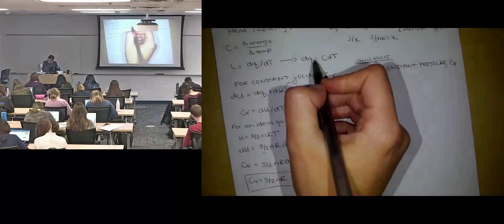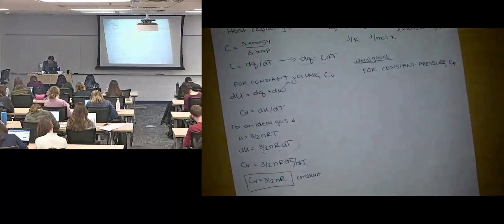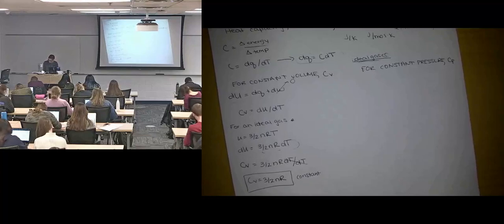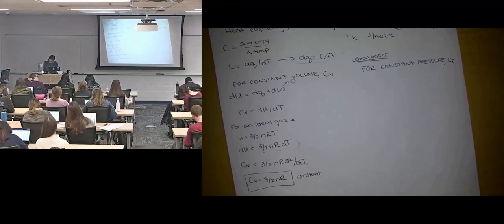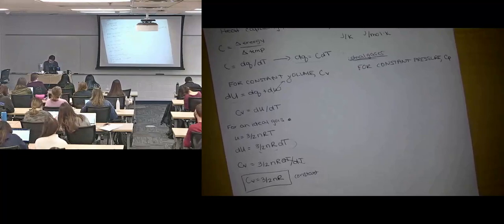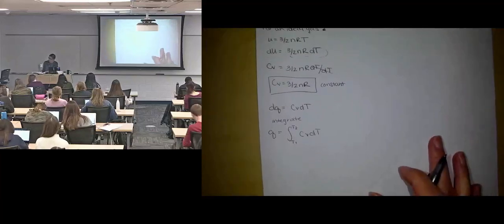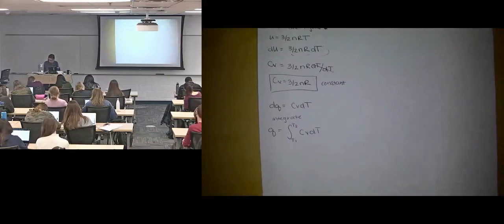So we can go back up to this equation and write dq is equal to isometric heat capacity times change in temperature. And we can integrate this to get total heat. So we're going to have q is equal to the integral from T1 to T2 of C_V dT. Okay.